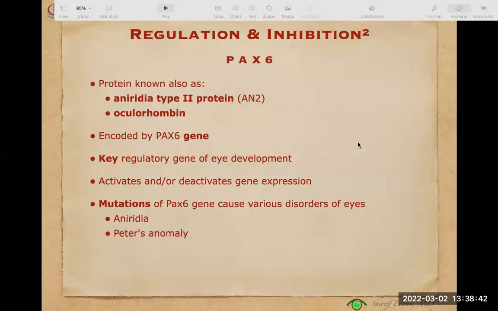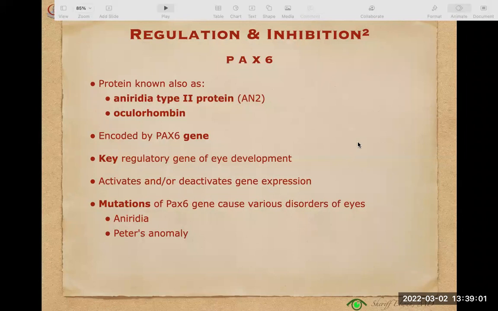So, for example, let's look at a genetic disease like aniridia. Aniridia may develop if the protein is expressed at a certain concentration.